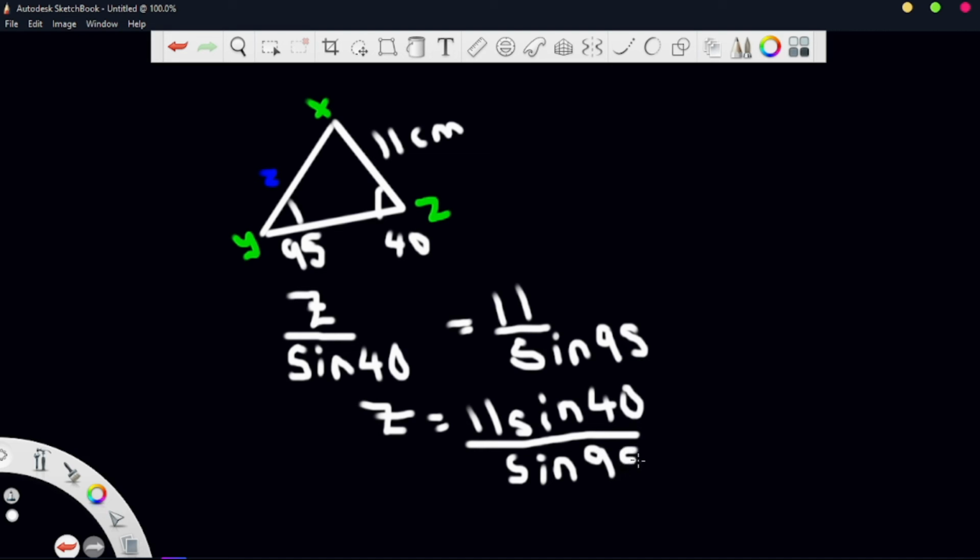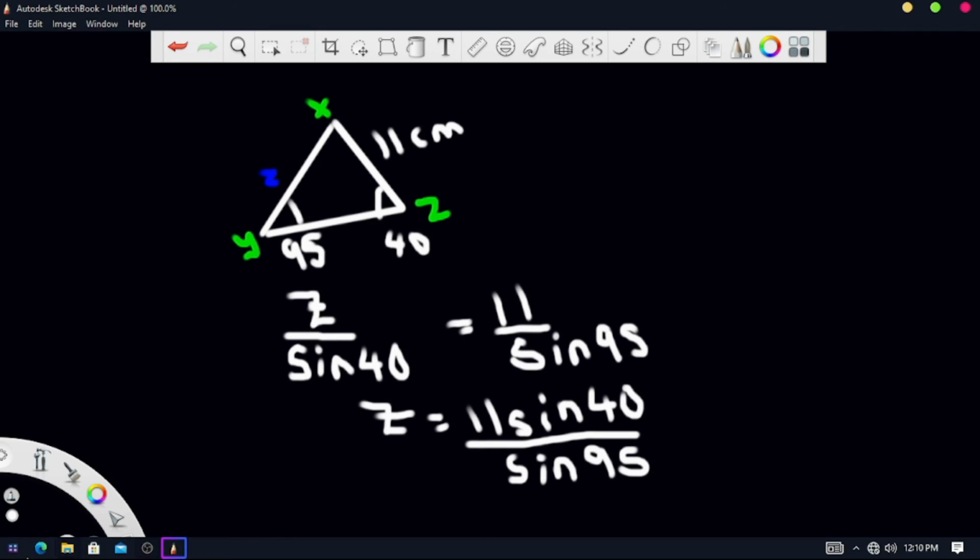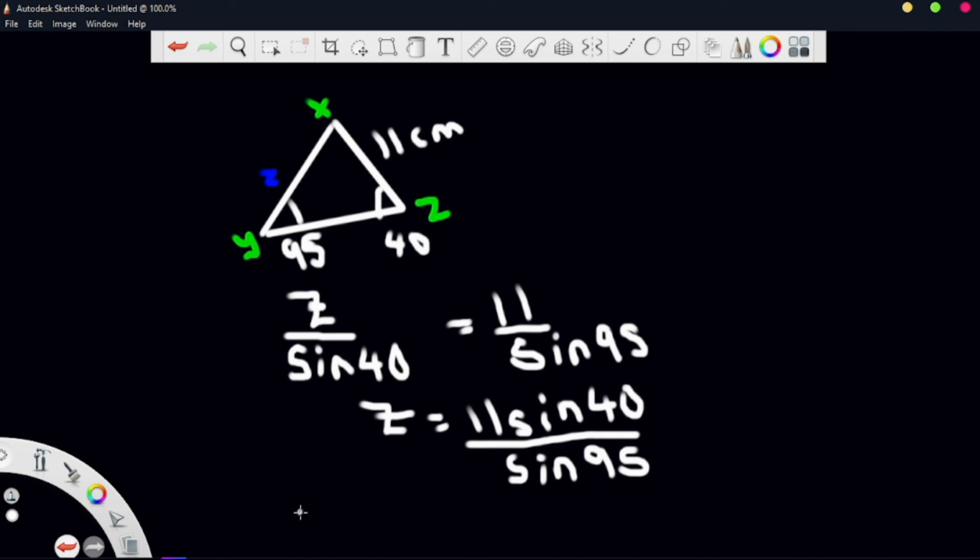So what do we get when we divide? We end up finding our value of z, giving us 7.09, or you can just write 7.10. So this is how we solve questions using the sine rule.